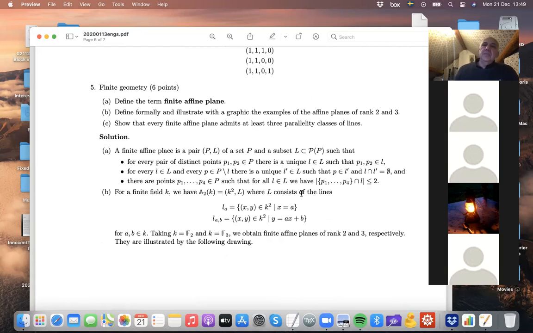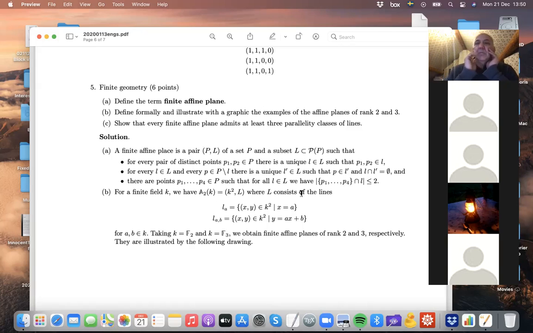So a finite affine plane is a finite set of points and a finite set of lines, subsets of points, with the following properties: any two distinct points are contained in a single line. So through any 2 points, there is a unique line passing through them.